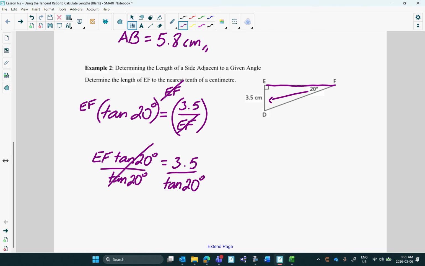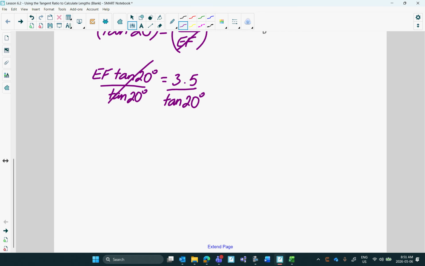And again, round it to 1 decimal place. And what would I get here? 9.6. Okay, good.